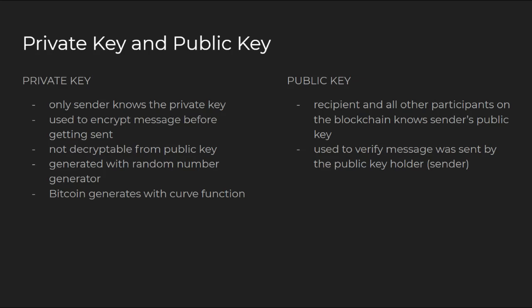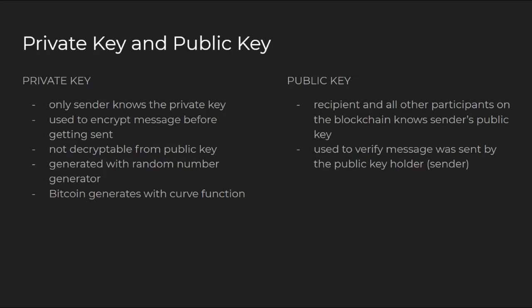So person A has a public key that person B can see and every third party can also see. Now, person A also has a private key, and that private key is able to encrypt a message in a way where it can only be decrypted by the public key.